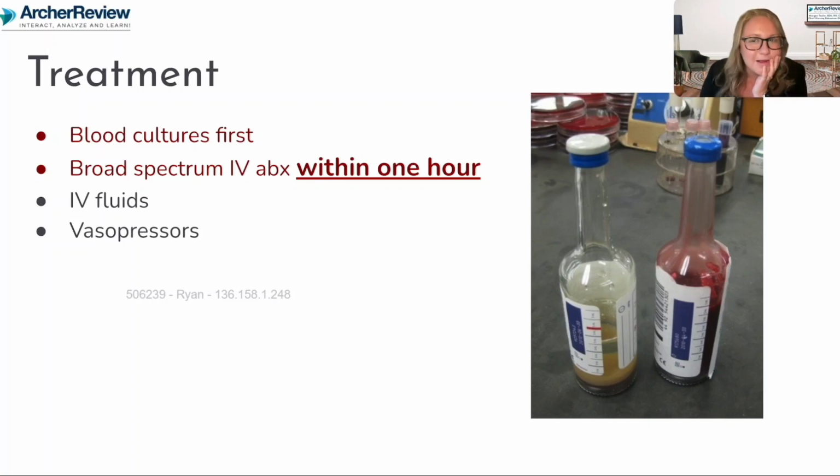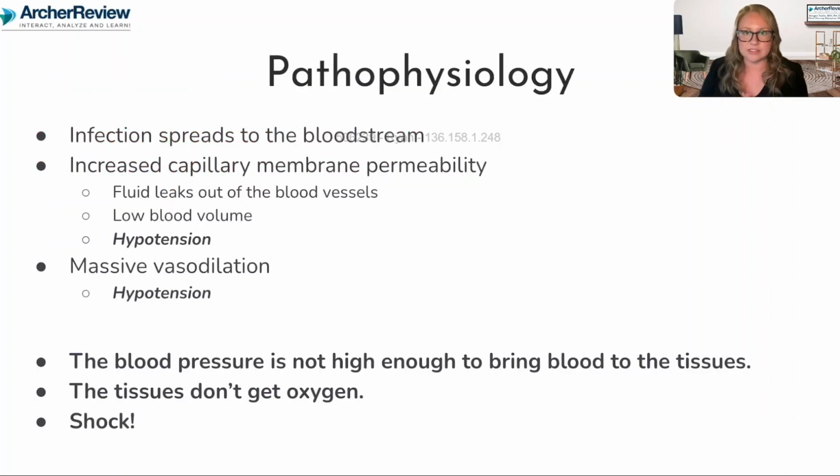Do you think this client might still be hypotensive though? I think they might be. Remember, there are two things going on in the pathophysiology. Not only do they have a capillary membrane permeability that's increased with fluid leaking out of the vessels, they also have massive vasodilation.